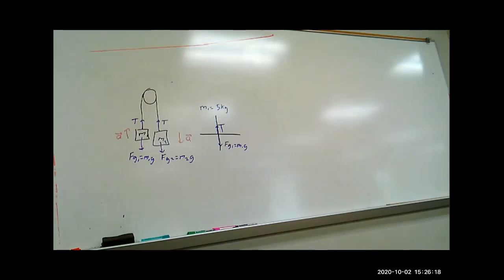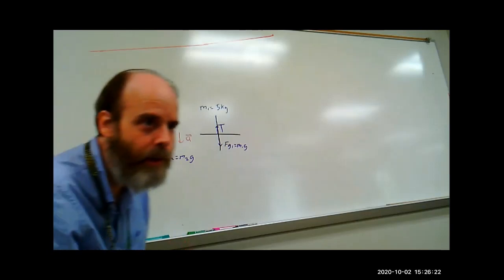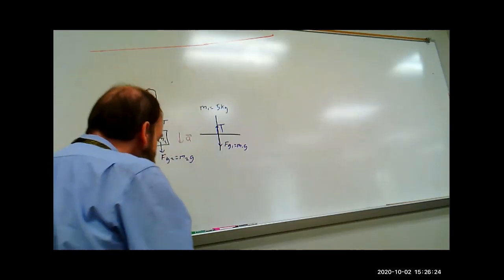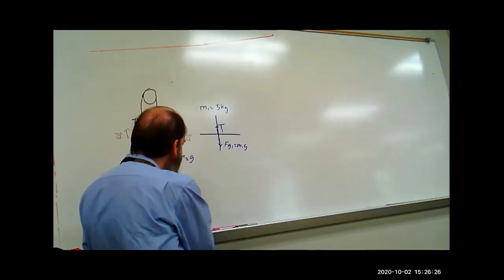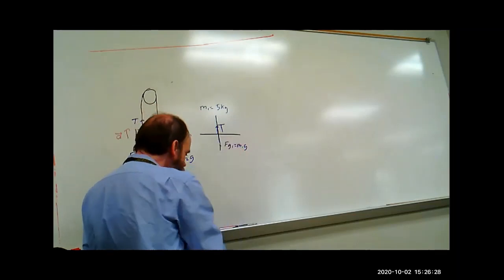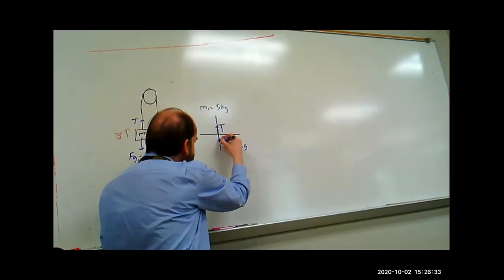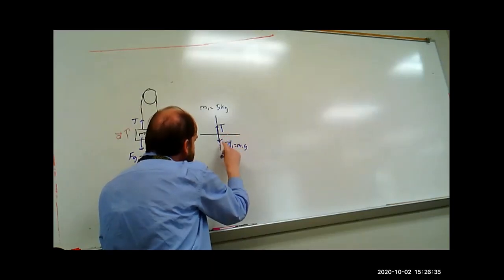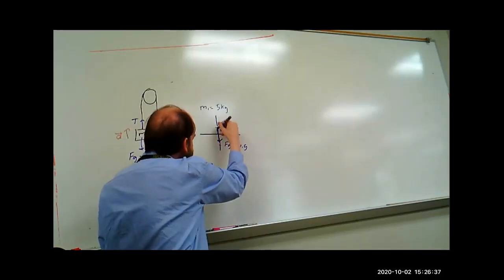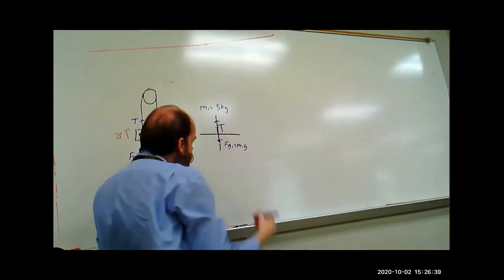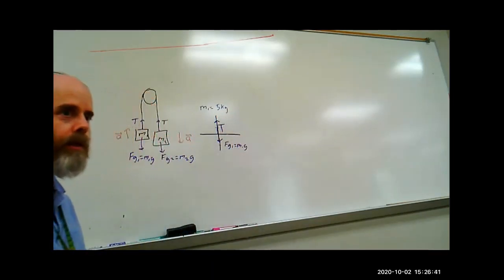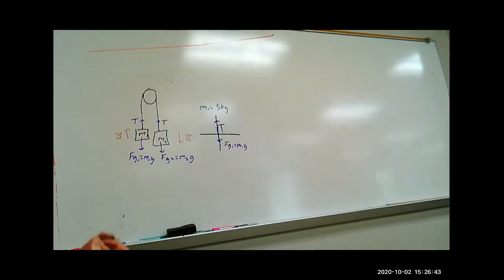If it's accelerating upward, the net force has to be up, right? So I drew this wrong. I made the force of gravity too long, and I made the tension too small. So like this. Tension needs to be larger than the force of gravity if it's going to accelerate upwards. Net force has to be up. So that's the free body diagram for mass M1.